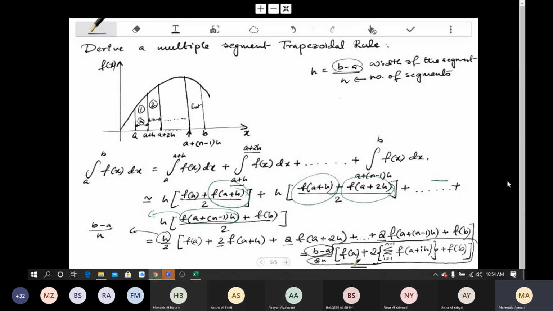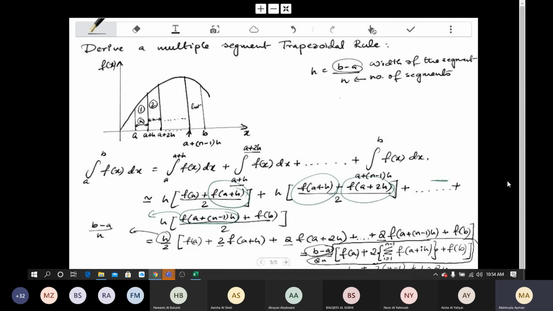So here we have one term plus 2 times n minus 1 terms, plus again f of b, another term, so a total of 2n terms divided by 2n segments. So this is also again an average of the function.